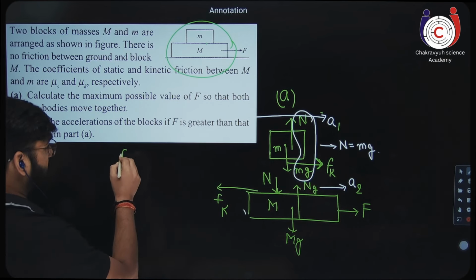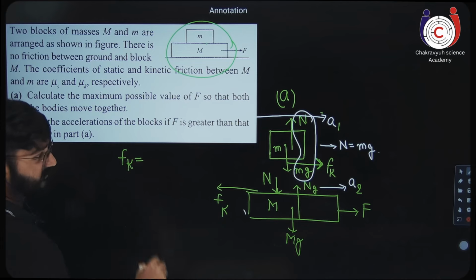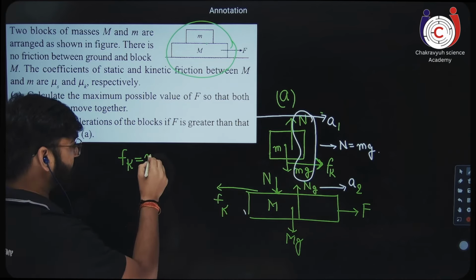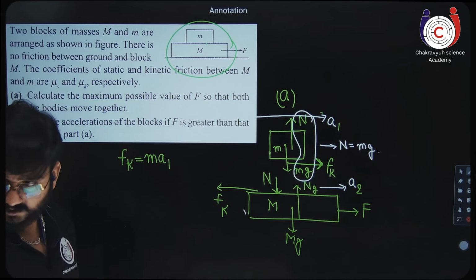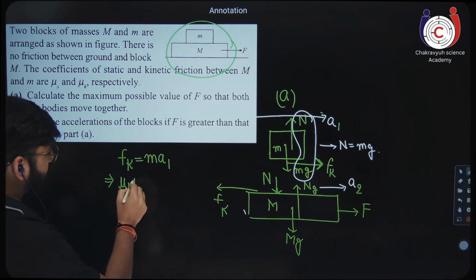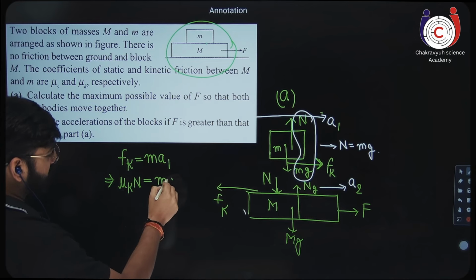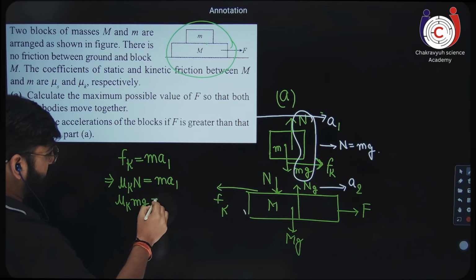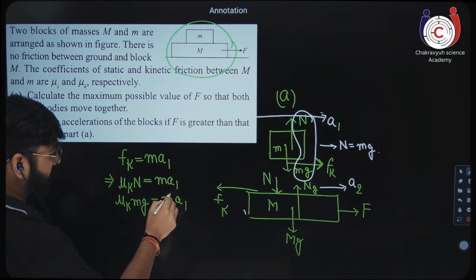So for the small block, Fk will be equal to how much? Which force is responsible for moving this? Fk will be equal to what? m into A1. What is the kinetic friction formula? Mu k into N. What is N equal to? mg. m gets cancelled.